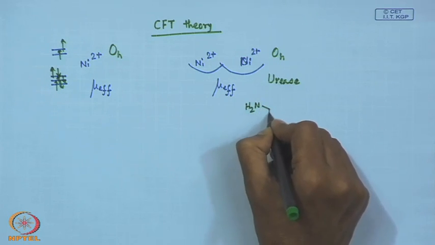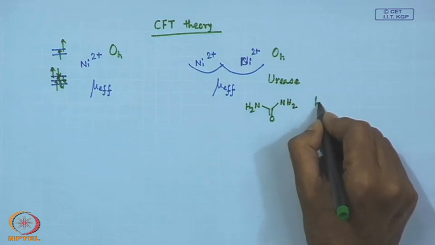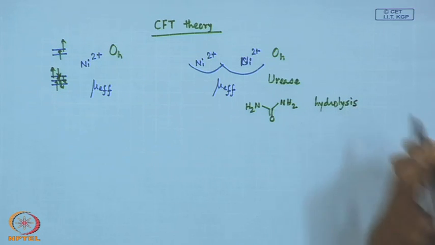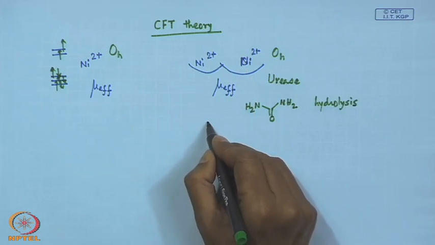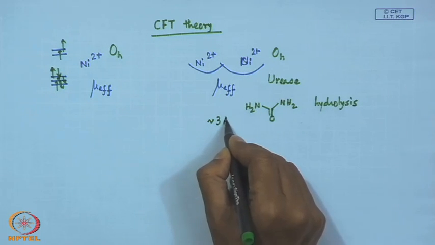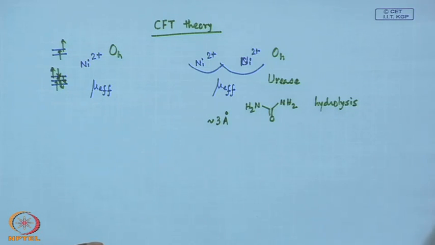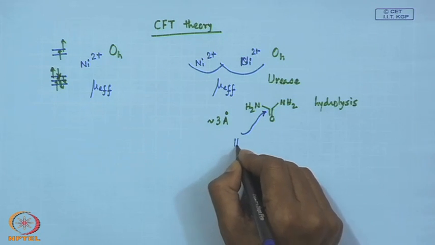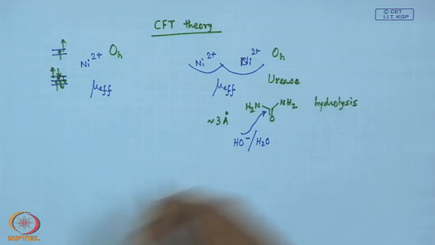Urea is nothing but this. So, this is getting hydrolyzed. That can be studied when 2 nickel centers are in close proximity at a distance of, say, 3 angstrom, which is basically binding the urea molecule, and that urea molecule is undergoing the hydrolysis through some nucleophilic attack by HO minus or H2O.